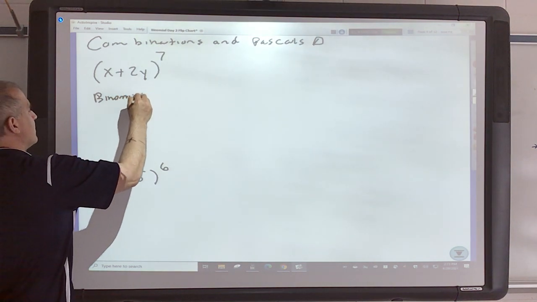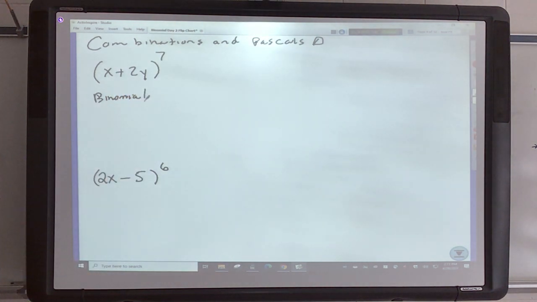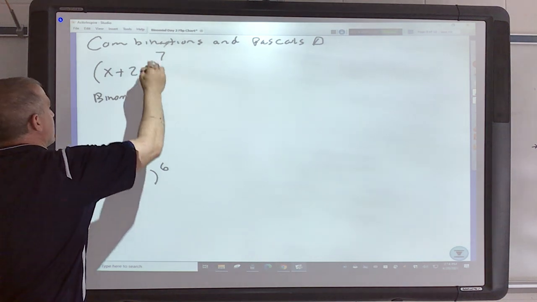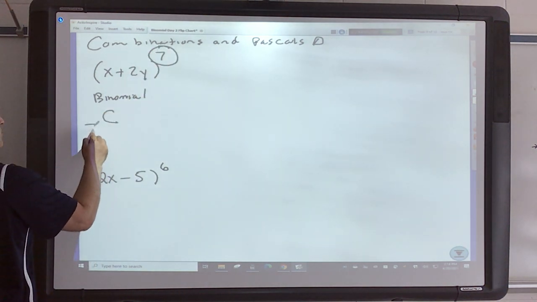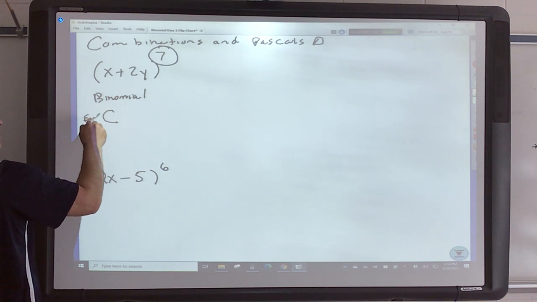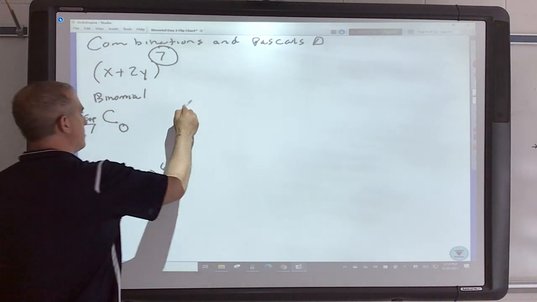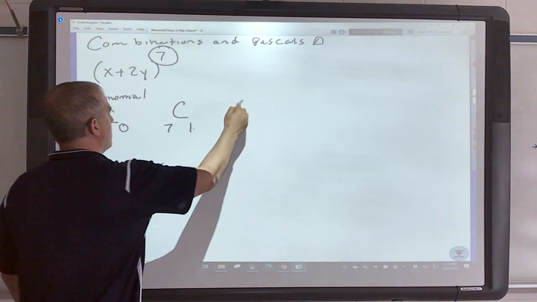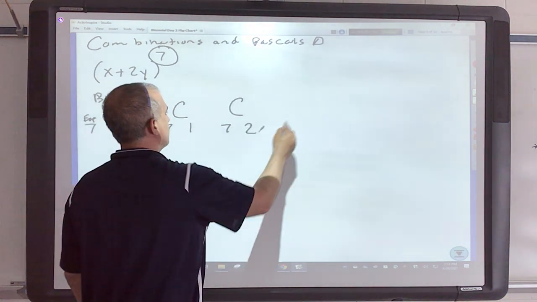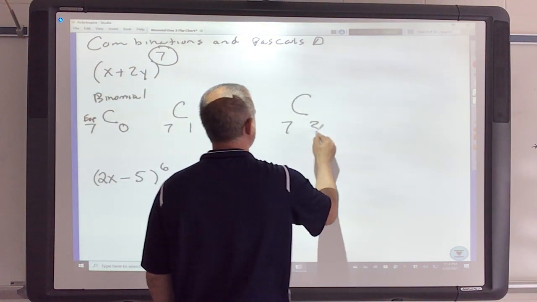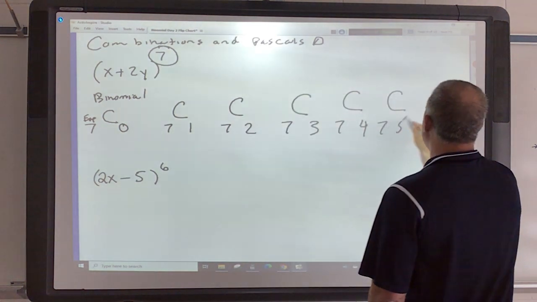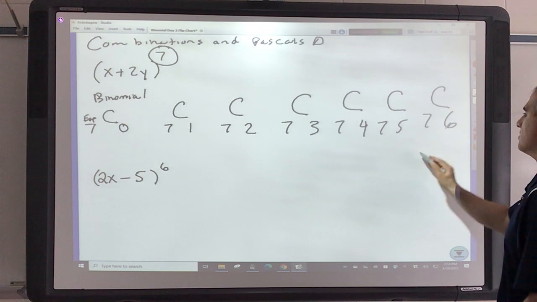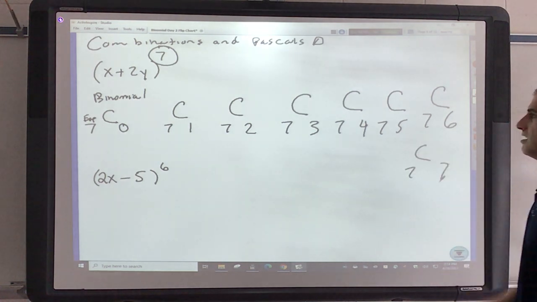What the binomial theorem says is that whatever your exponent is, you can put that exponent here and start out with 7 choose 0, then 7 choose 1, 7 choose 2, 7 choose 3, 7 choose 4, 7 choose 5, 7 choose 6, and once you get back, 7 choose 7.